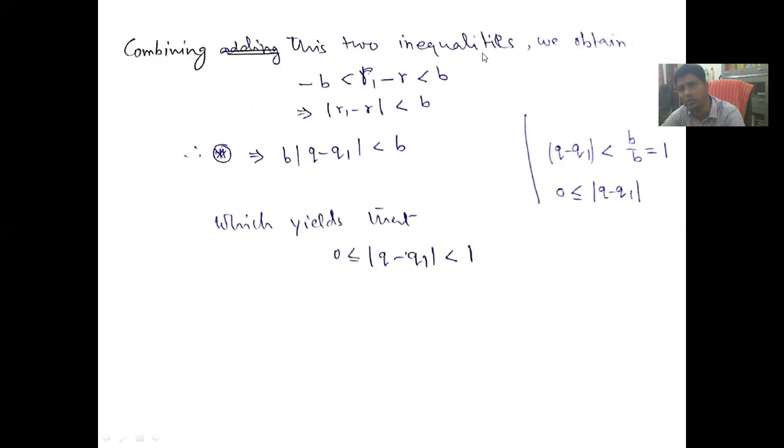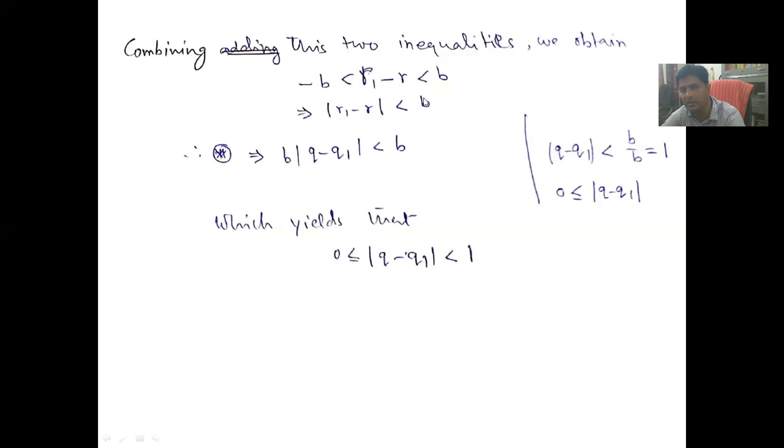Now combining these two inequalities, that is, adding them, we obtain minus B strictly less than R1 minus R strictly less than B. And this is nothing but mod R1 minus R strictly less than B.